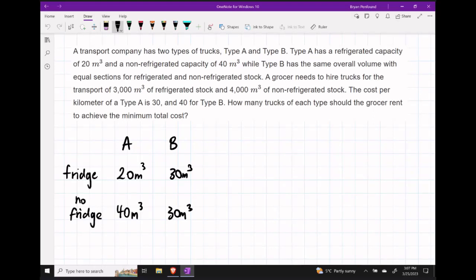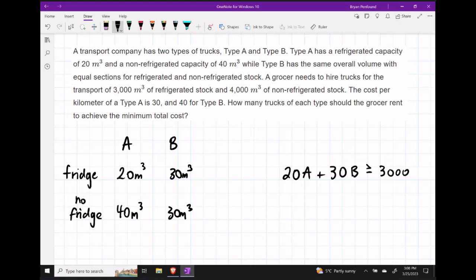If I take the capacity of the refrigerated stock of each truck, so for example, 20 cubic meters for truck A and 30 cubic meters for truck B, I need to make sure that I get at least 3,000 meters cubed of the refrigerated stock. So I need this to be at least 3,000. I could have a little bit of unused space, but I want it to be at least 3,000.